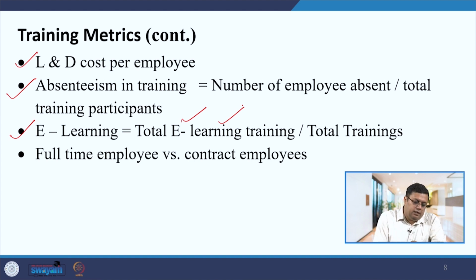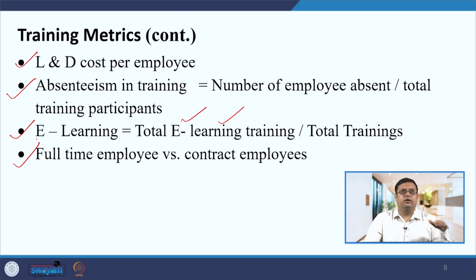In order to attract contract employees, if you calculate all these metrics in terms of full time employees versus contract employees, then you can attract contract employees more, or you can tell them what we give in return. This proposition you can use for your employer branding also, right.